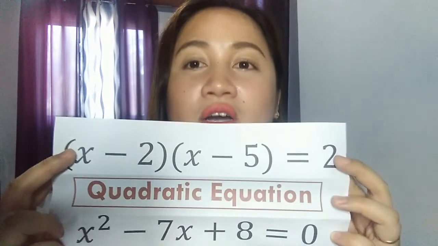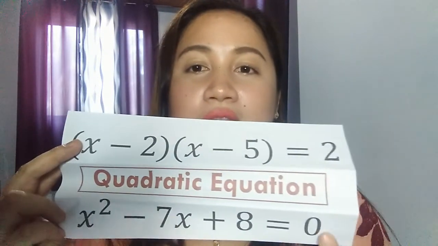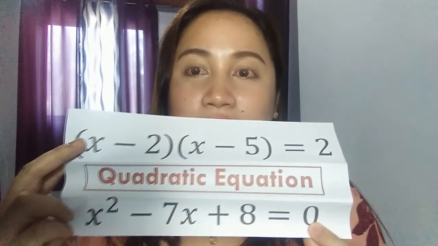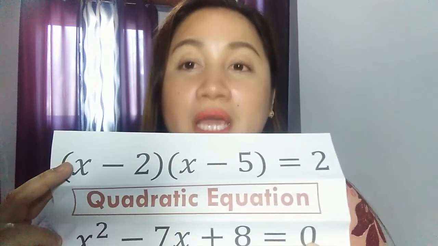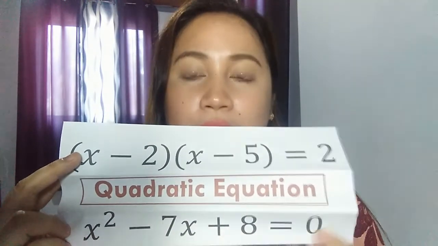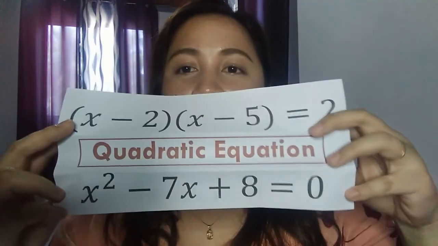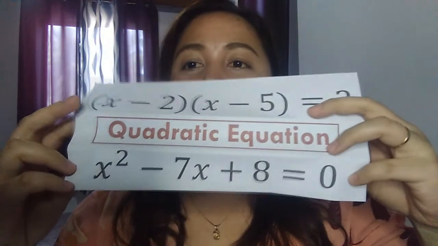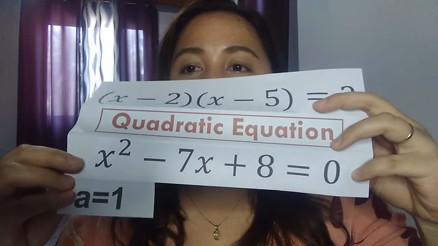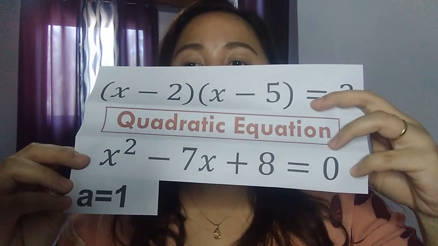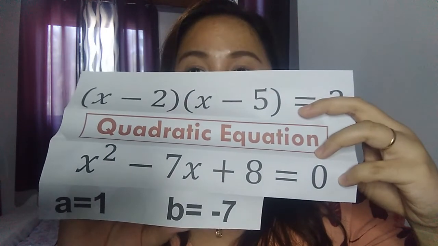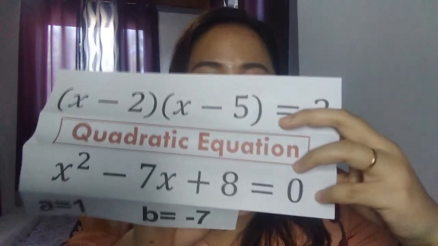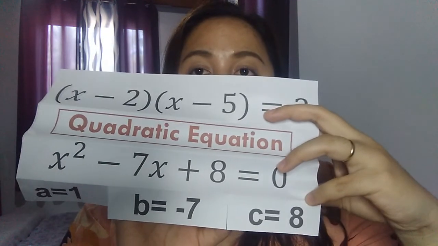Okay. And always remember that we should equate this side to 0 based on our standard form. And then, since ito na, meron na tayong standard form, let's identify the coefficients. A, which is 1. We have B, which is negative 7. And we have C, which is 8.